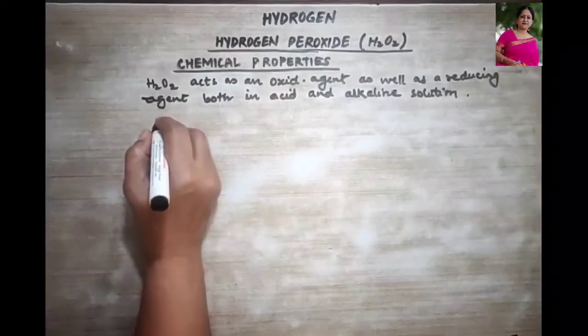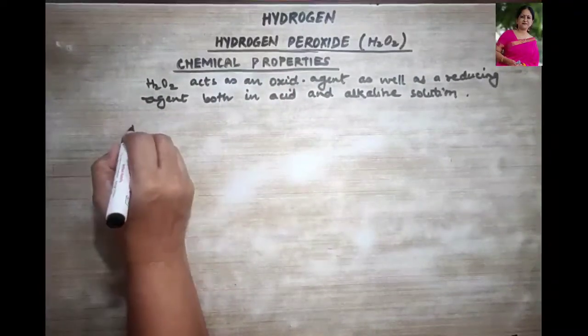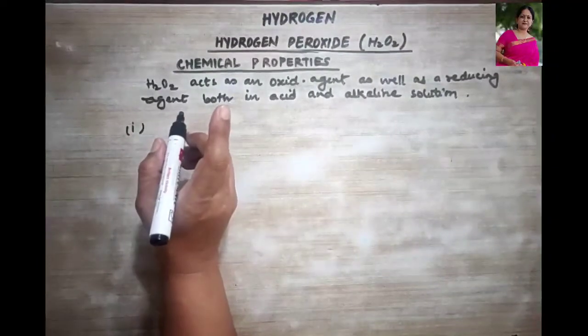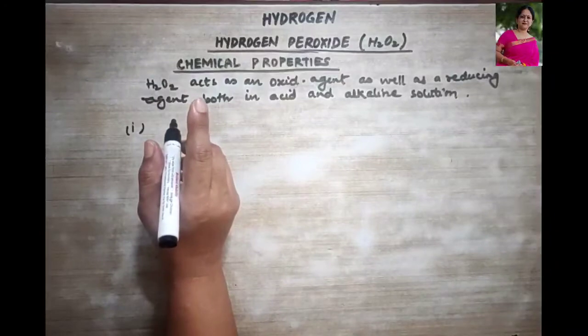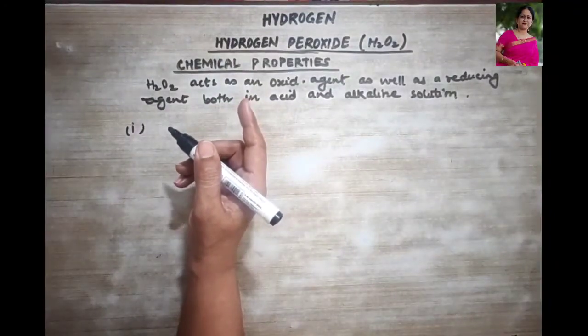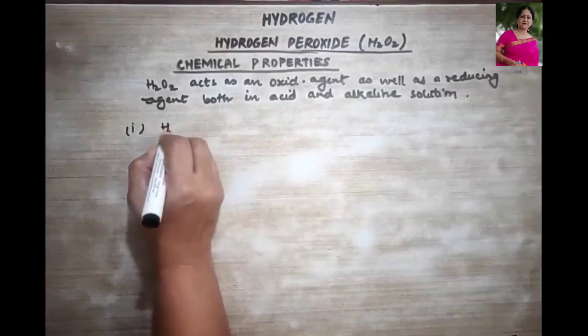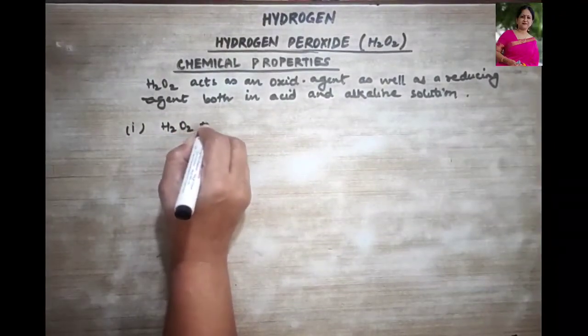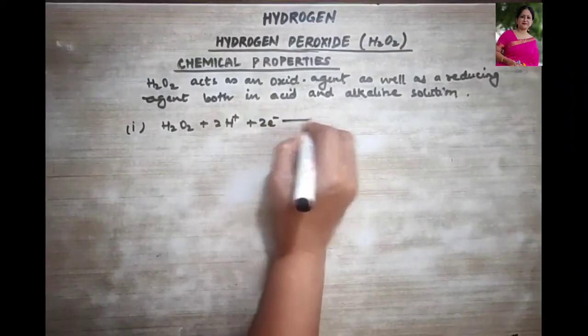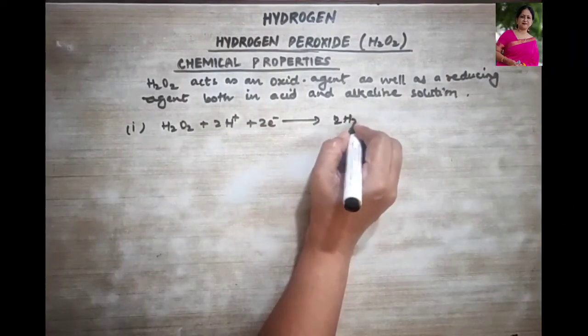Let me first write down the reactions. That is the first reaction that I am writing over here, where hydrogen peroxide is going to accept electrons and it acts as an oxidizing agent, right? So H2O2 plus 2H+ plus 2 electrons forms 2H2O.